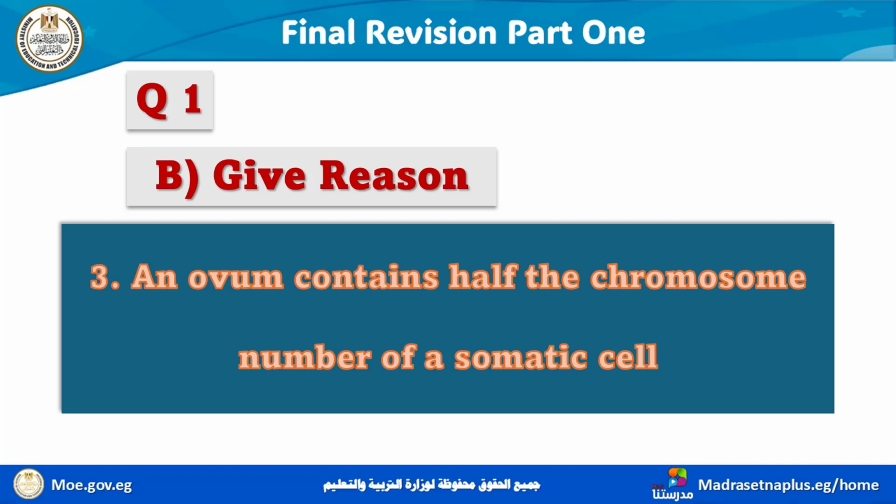If an ovum contained the full number of chromosomes, the chromosome count would double with every generation, and so an ovum contains only half the chromosome number of a somatic cell.